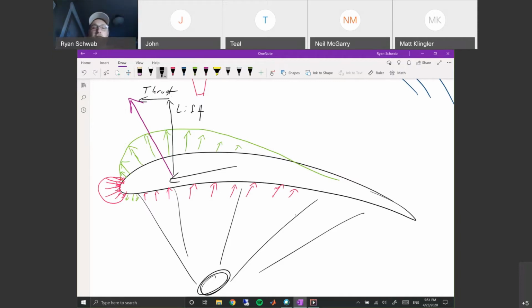And this is why different wings can fly faster, is they change this ratio of lift and thrust, and of course drag, which is what's pulling this wing back. We also have a drag force going, to make it a true drag force, straight back away from lift. And so this is where we start to see differences in these different wings. They have more lift, they have more of this perceived thrust, maybe they have less drag.